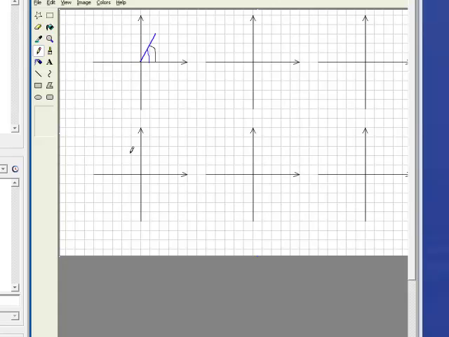There we go. The next one was 45 degrees. So we're here. And we have 45 degrees. And of course the reference angle is the same, 45 degrees.